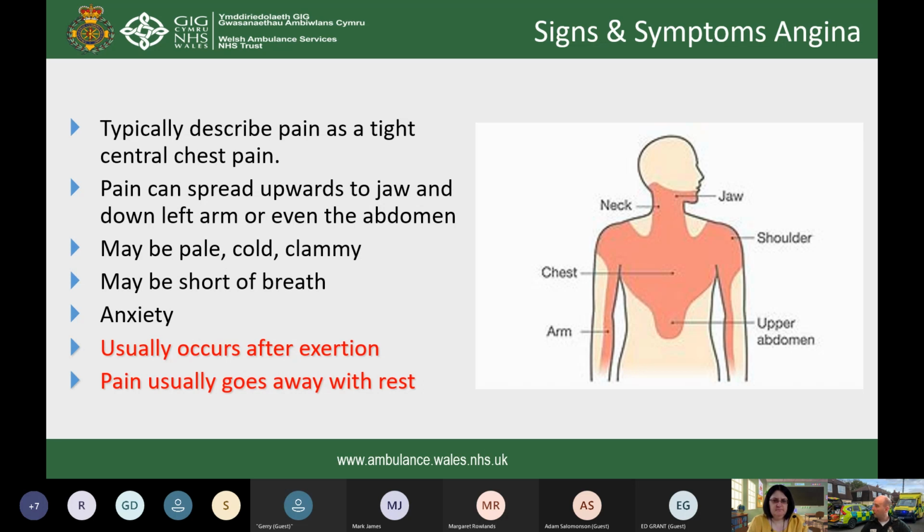They will be pale, cold, clammy. They may feel short of breath. They will have anxiety, and it usually occurs with exertion or stress, and it should go away with rest. Other treatment for it would be GTN, but I think we're going on to treatment now.